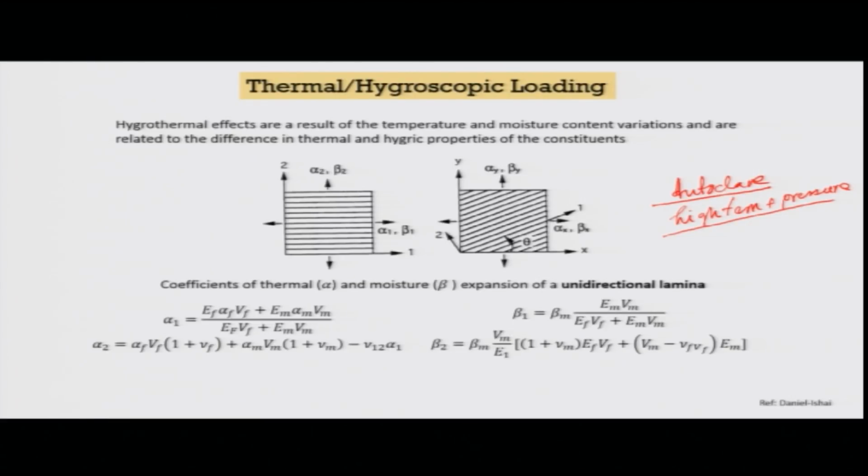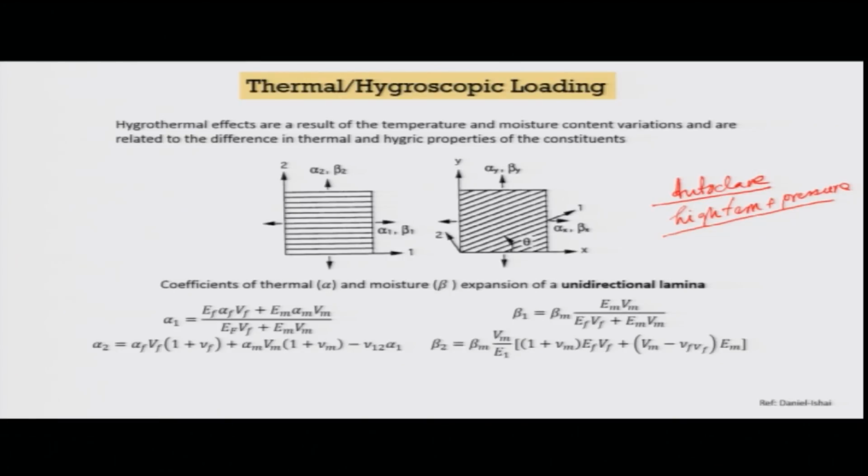Now, every layer itself is anisotropic first of all, and secondly, layer to layer also, because of the change in the ply layer angle, the stress that develops may vary. And similarly, once you have this composite, if it is subjected to moisture, composites are more prone to absorption of moisture.